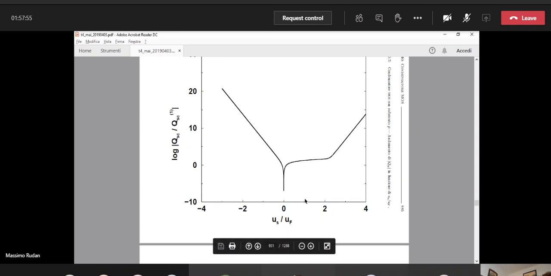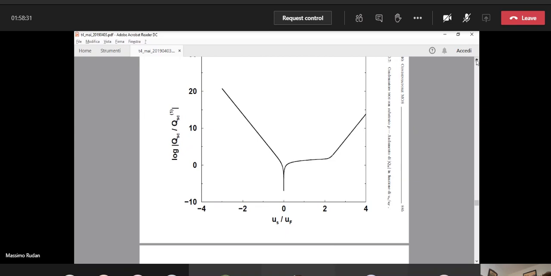This region is further divided in two subregions. One is between 0 and UF, and the other one is between UF and 2 UF, okay? So essentially we have 1, 2, 3, 4 regions, and 3 remarkable points. One remarkable point is 0, one is UF, and the other is 2 UF, okay?